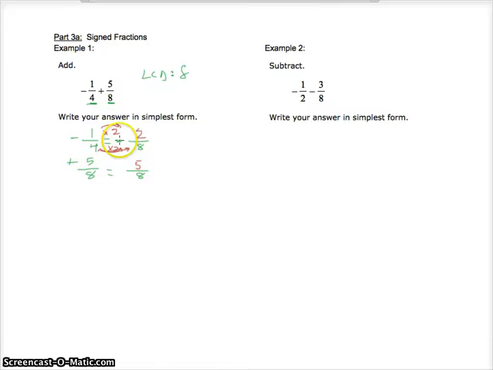So we'll have negative 2/8. Let's make this negative more pronounced here. Negative 2/8 plus 5/8. So here my signs are different. So I'm going to subtract.